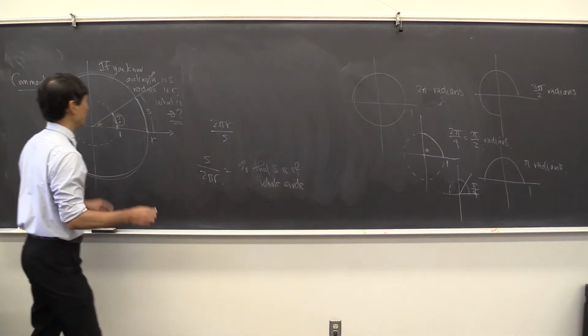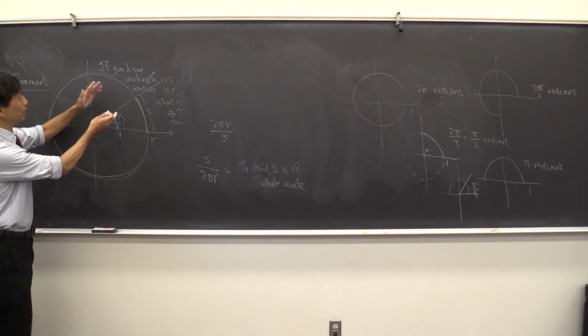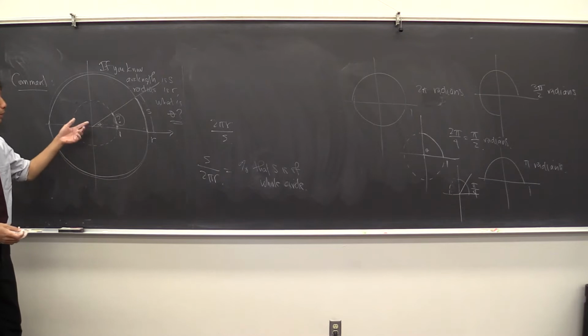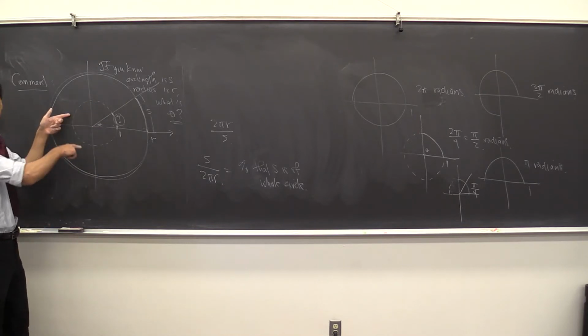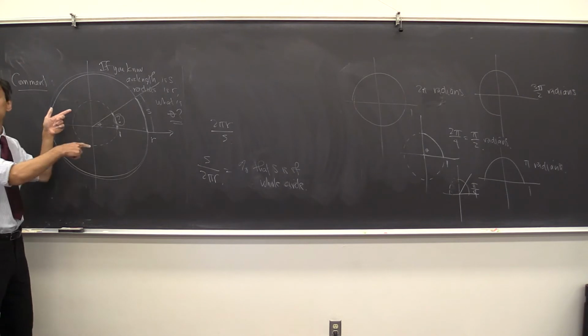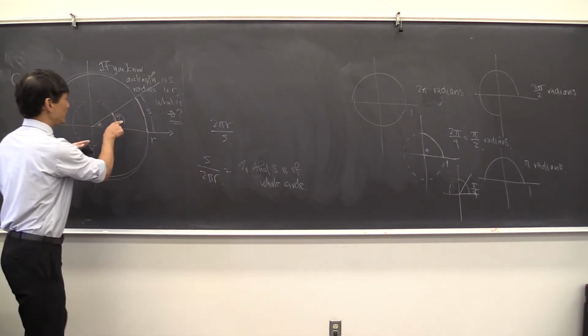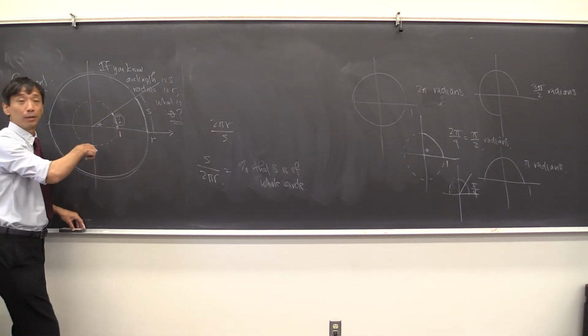It could be like a fourth, say. It looks something like a 12th or something. Now what's the length here? What's the total length here? 2 pi. So the length of this thing is going to be that percentage of 2 pi.